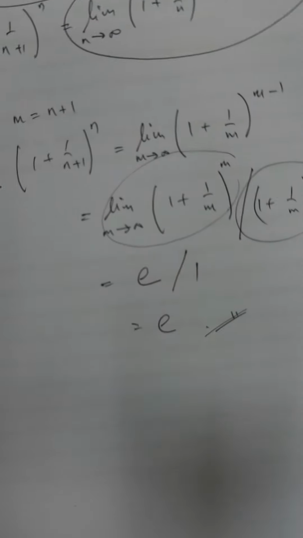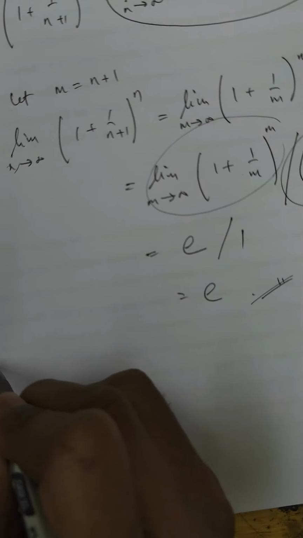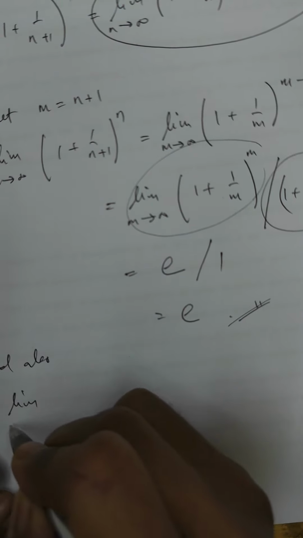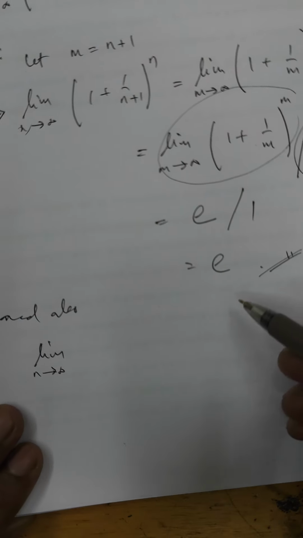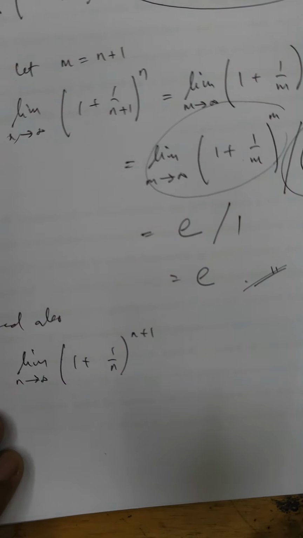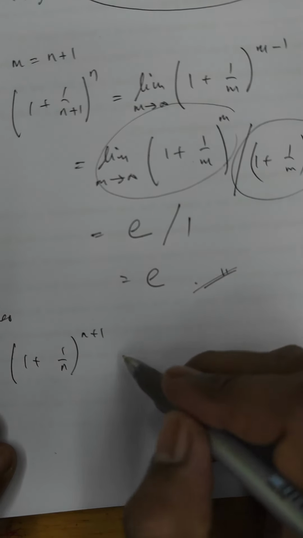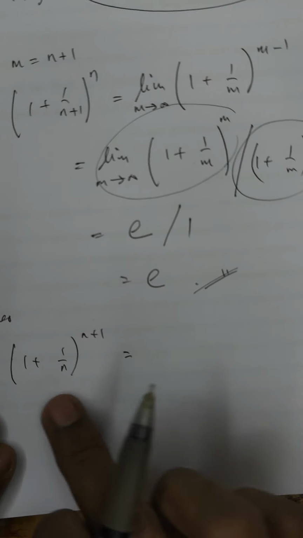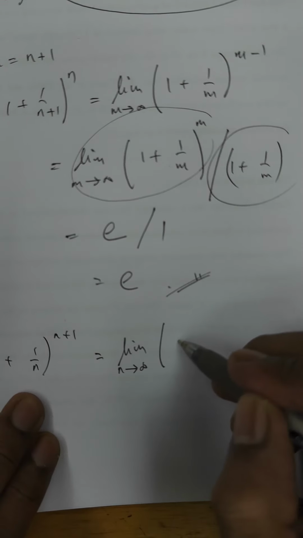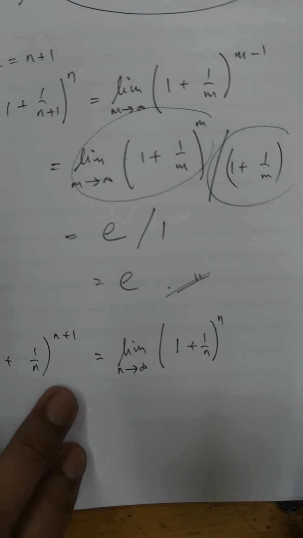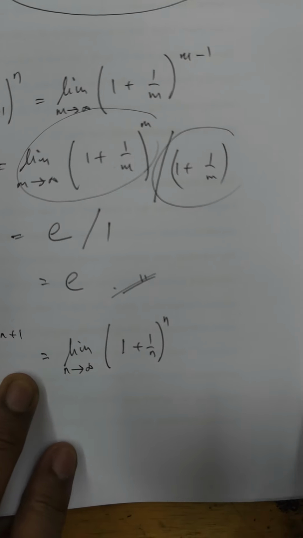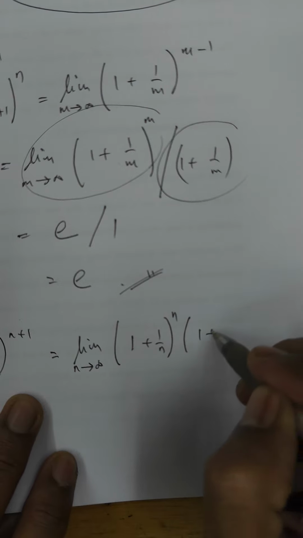If you substitute into that, we have the limit as n goes to infinity of (1 plus 1 over n) to the n plus 1. So this is just equal to the limit as n goes to infinity of (1 plus 1 over n) to the n, just using the index properties, the rule of index, multiplied by (1 plus 1 over n).